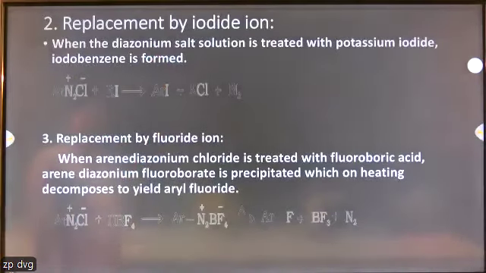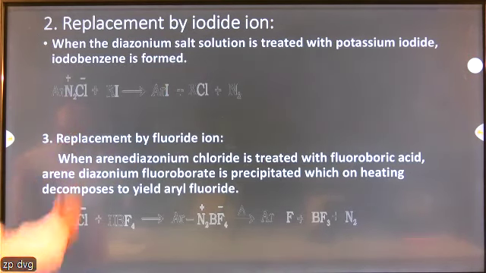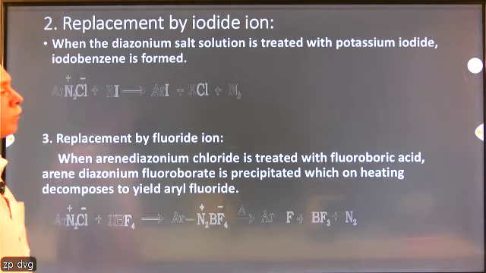Next, we'll see how to replace the diazo group by iodide ion. When the diazonium salt solution is treated with potassium iodide, you get iodobenzene.